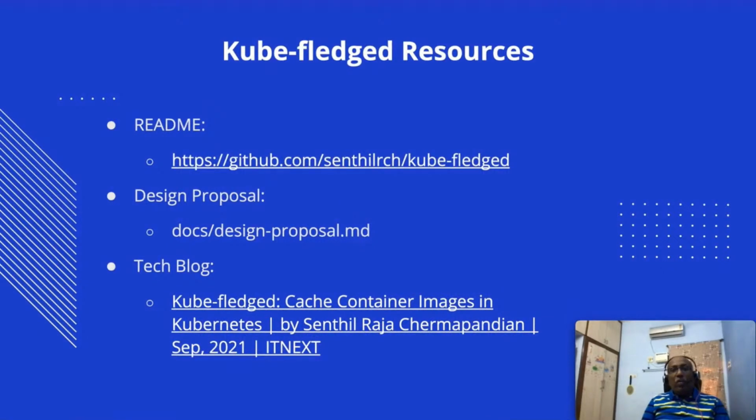So if you want to learn further about kube-fledged, if you are interested in the image caching functionality, and if you want to implement an image caching solution, you can head on to the readme file of the kube-fledged GitHub repository.